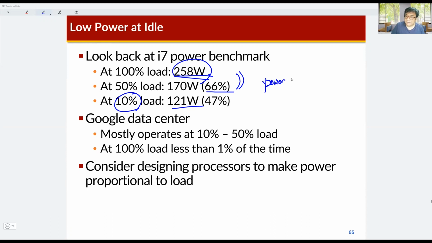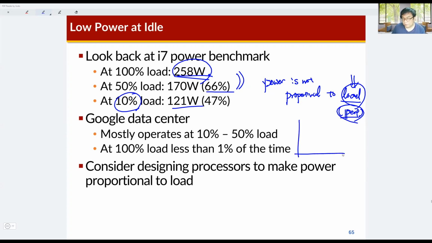Power is not proportional to load. Load means the amount of work or the performance, but load is the more right representation. So power is not proportional to the amount of workload.